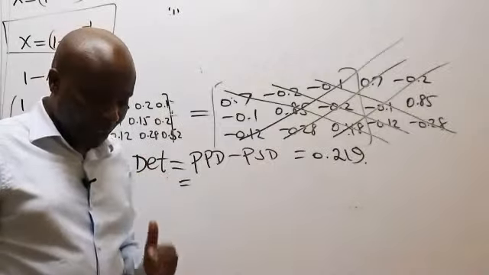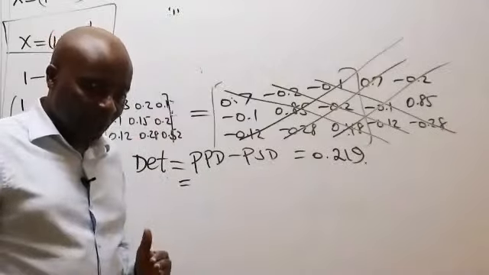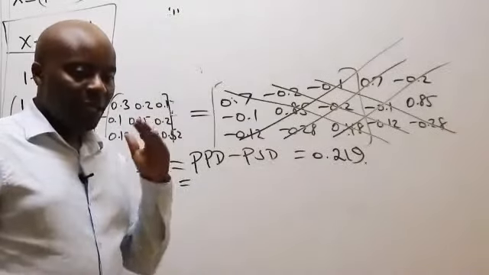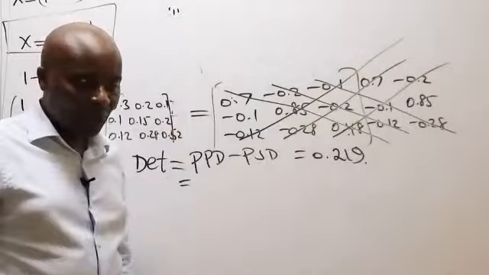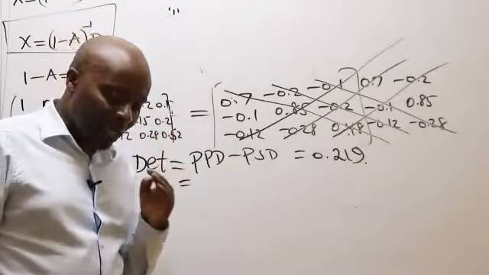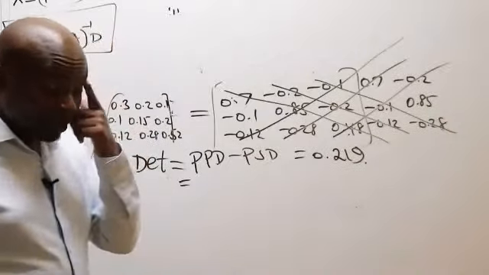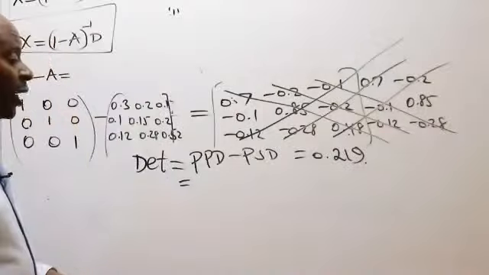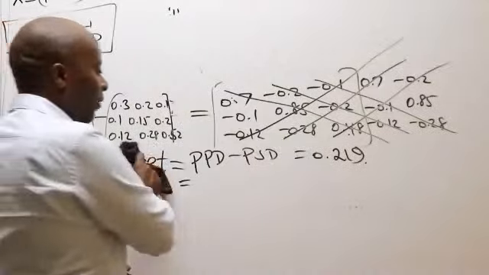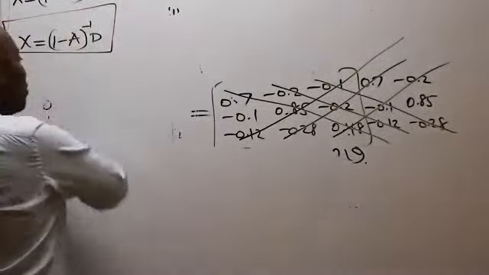I'm repeating again the basic steps of ascertaining the inverse of a 3x3 matrix. Number 1, give us the determinant. Number 2, give us the minor elements. Number 3, give us the cofactors. Number 4, give us the inverse definition. Remember, which matrix do you want to inverse?